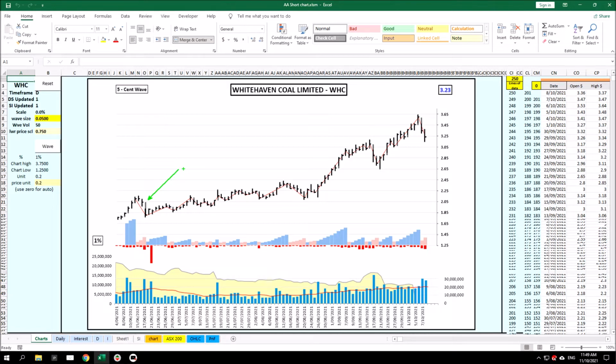So just to run you through what's going on, these blue column bars are regular volume, and it includes Chi-X volume. And the red column bars are daily short positions, and they're pushing down because they're supply.